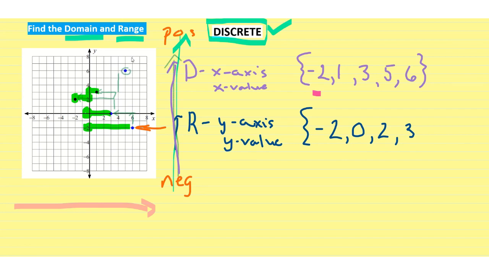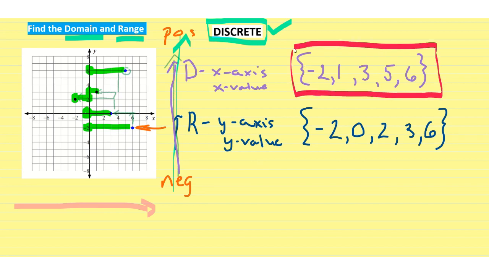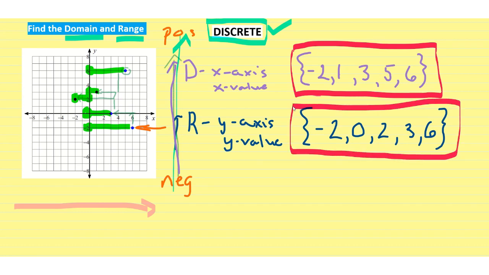And what does it line up with on the y-axis? It lines up with the 6. So that's going to be my last range value, my y value, because there are no more points above that. That is the final y value. So I will close that up. And so this is my set of domain values, and this is my set of range values.